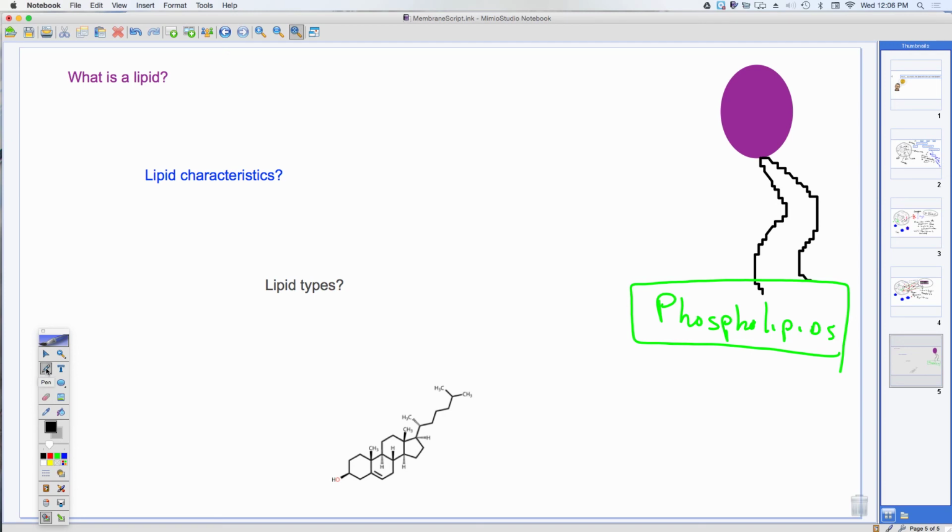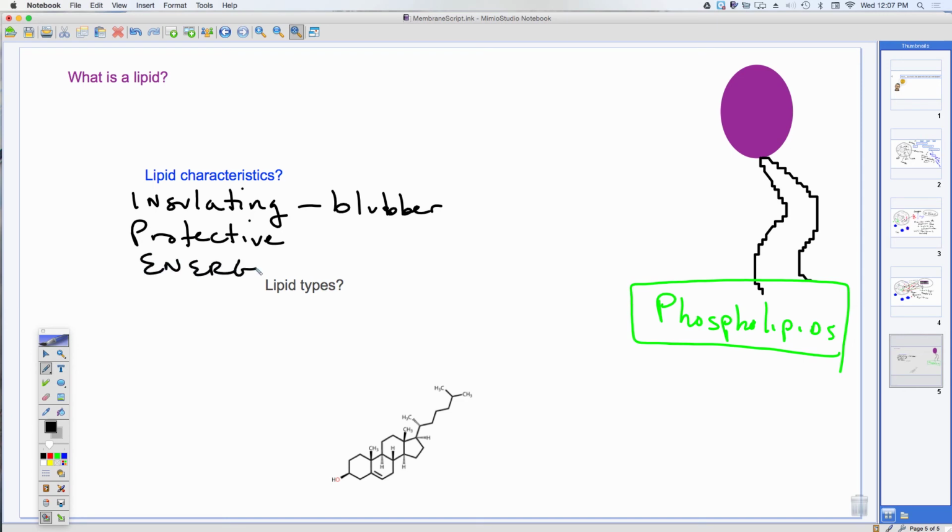Lipid characteristics, in addition to being nonpolar, they can be insulating. This is what blubber is composed of. They can be protective. You have a protective lipid layer surrounding your kidneys that protects your kidneys.